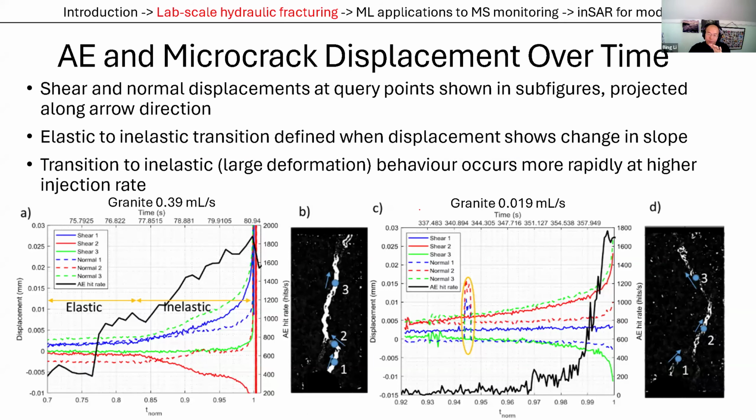Now we can, again, try to relate this to the acoustic emissions or microseismicity. What I've done here is these two plots are for granite, and the black line represents the rate of acoustic emissions that were detected throughout the experiment.